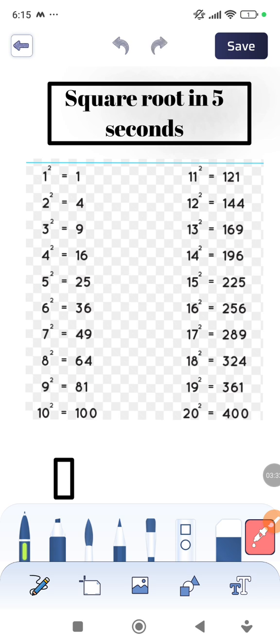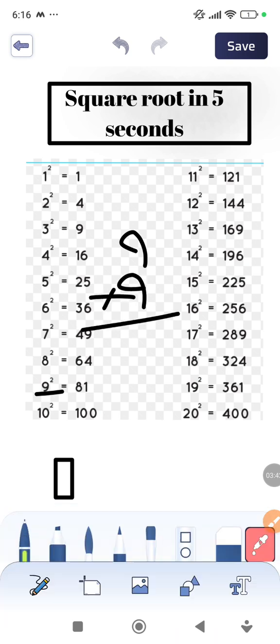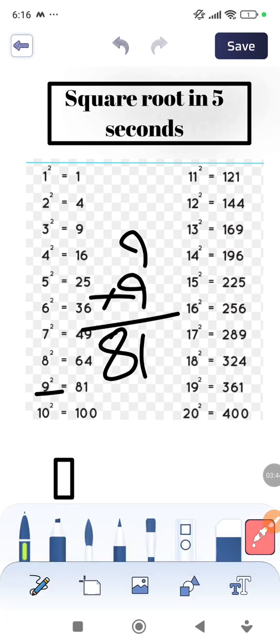For example, if I have 9 and I multiply 9 by 9, that would give me 81. If the number is very small, you can just identify it. But if the number is larger, you are going to look at the last digit of the number.